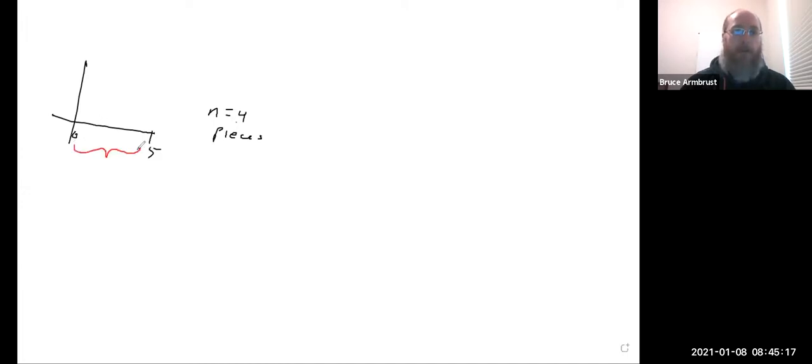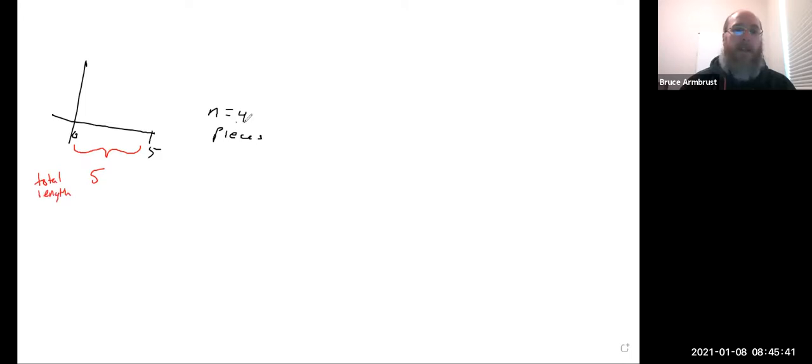If we go from 0 to 5, clearly that's length 5. If you don't start at 0, all you have to do is subtract the 2 numbers: take the right one, subtract the left one, and that gets you your length. So this is our total length.